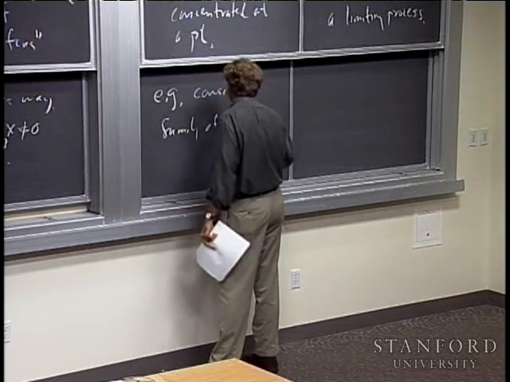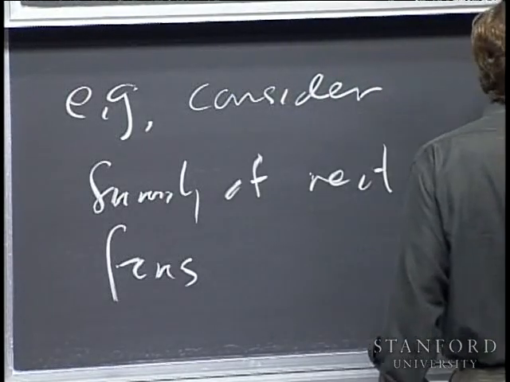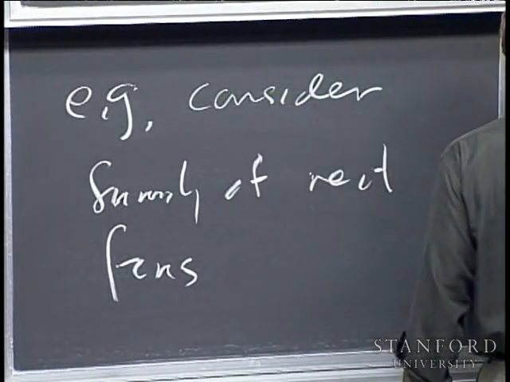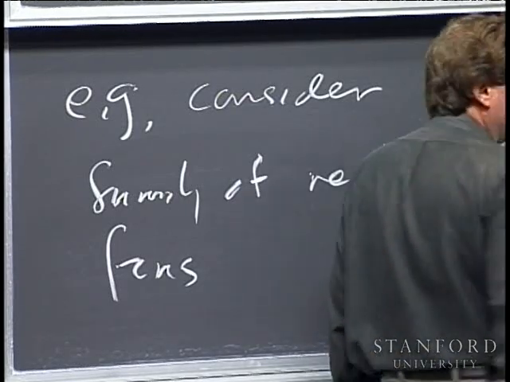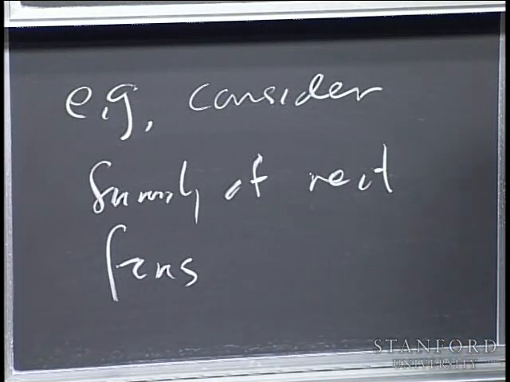All right, I'll write it down. So I'm going to look at 1 over epsilon pi epsilon of x. Now that's the family that I want to consider, and the parameter here is epsilon, and I think of epsilon as small, ultimately tending to 0.